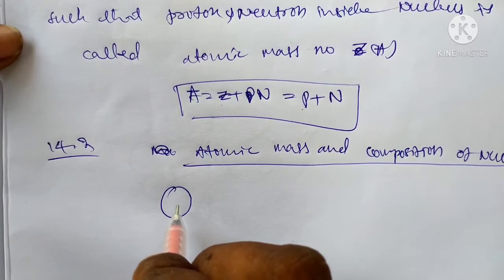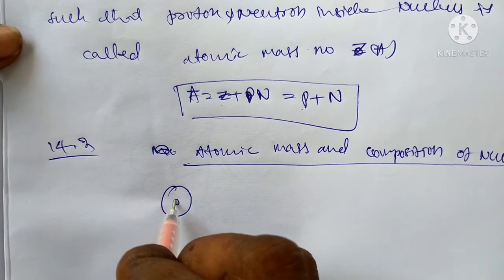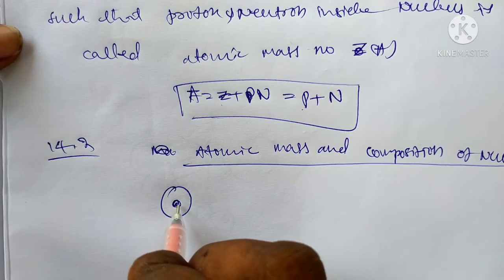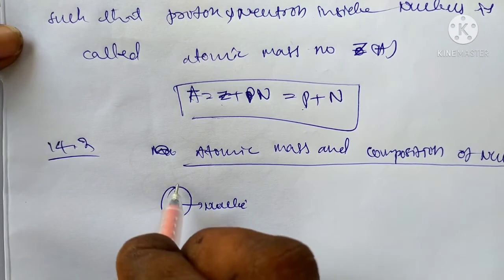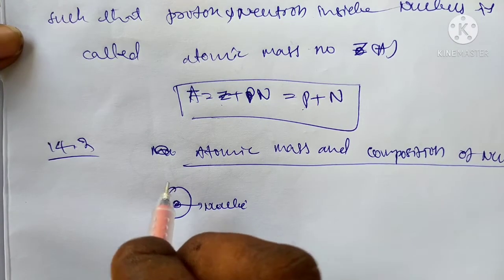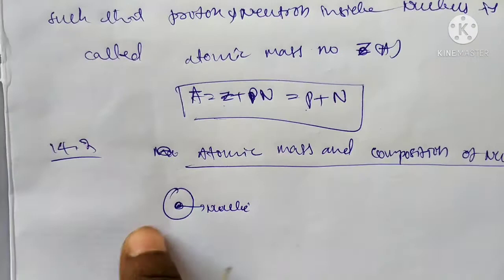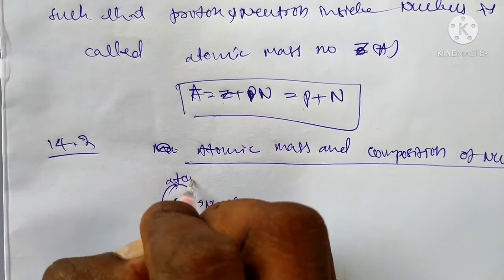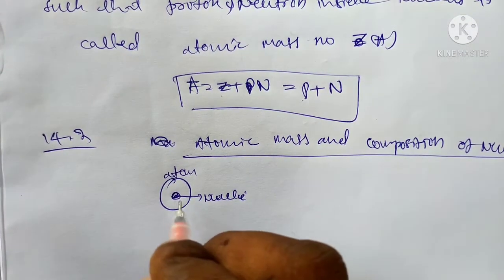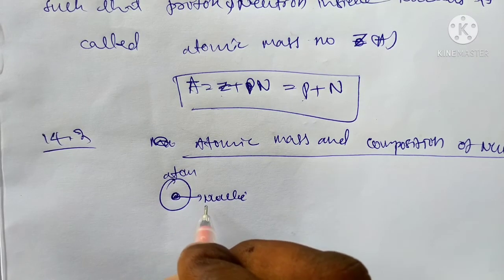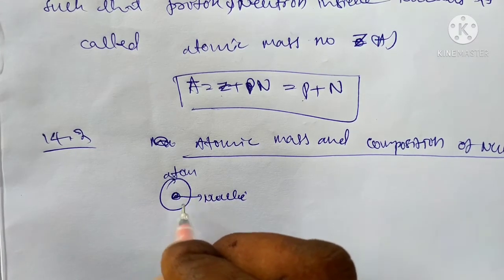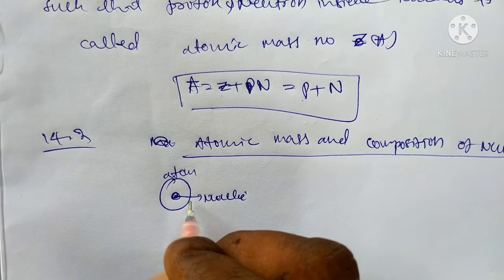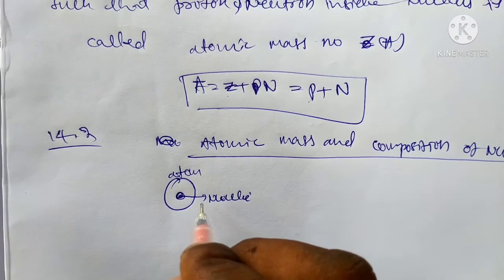The atom has a small space at the center, that is the nuclei, and the atom also has small mass. The nucleus inside has small mass and small density.